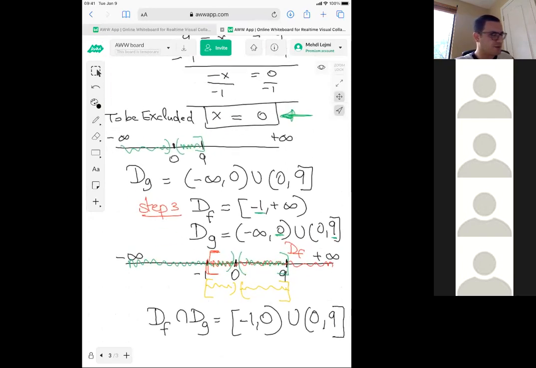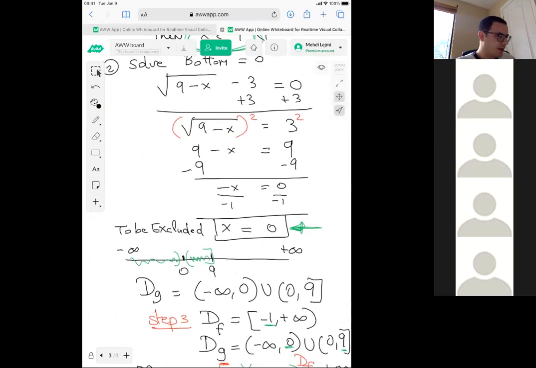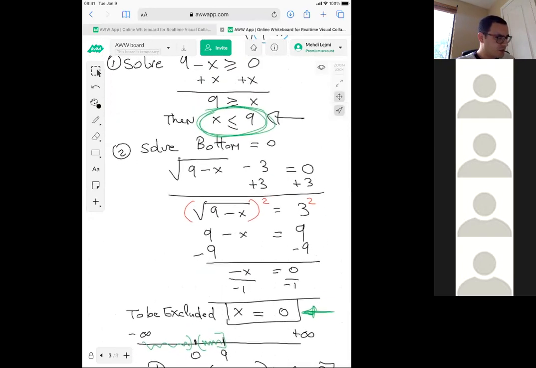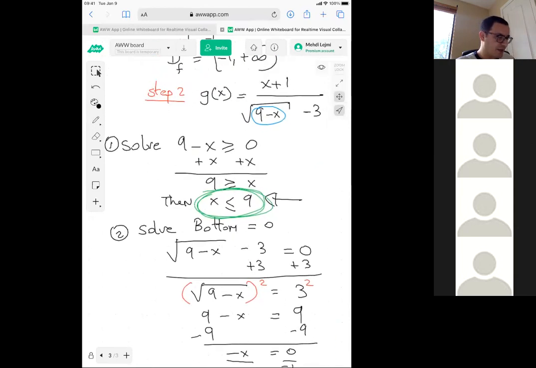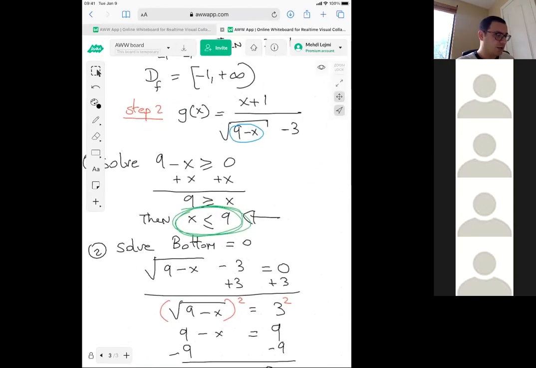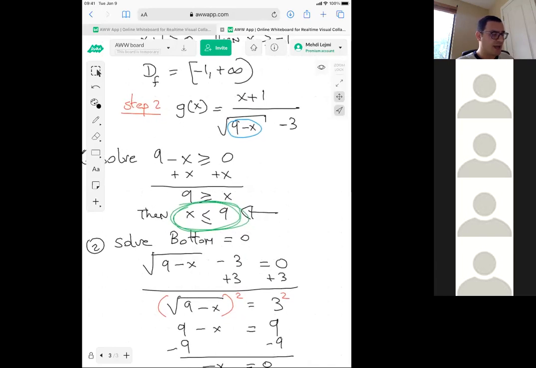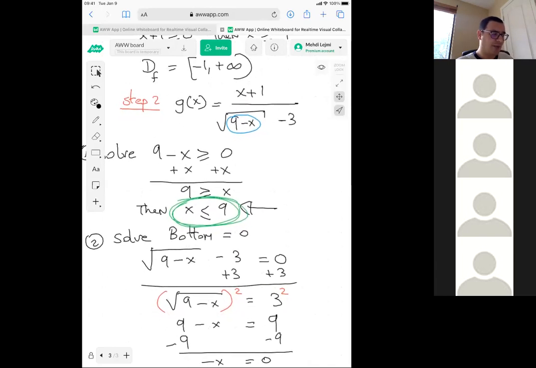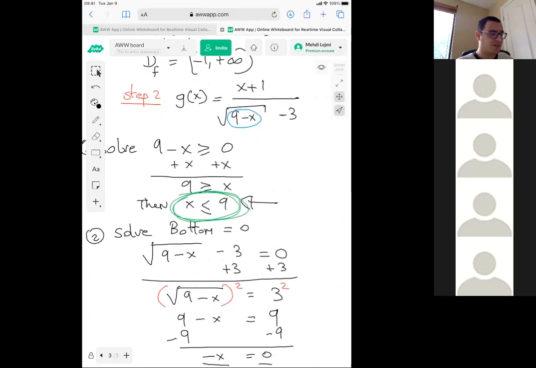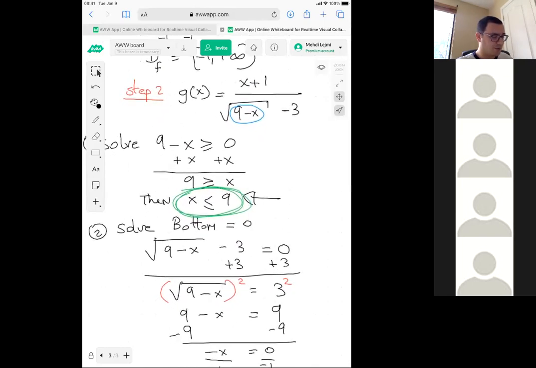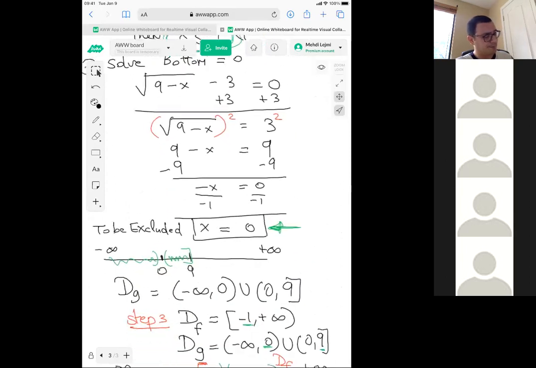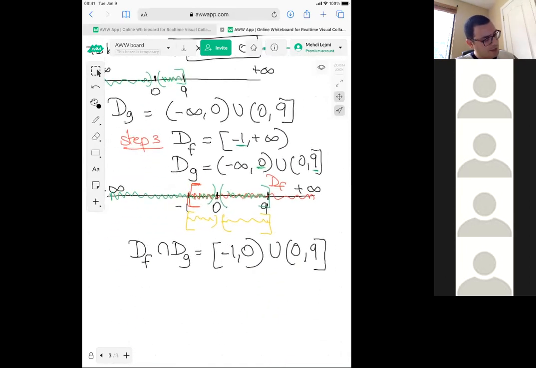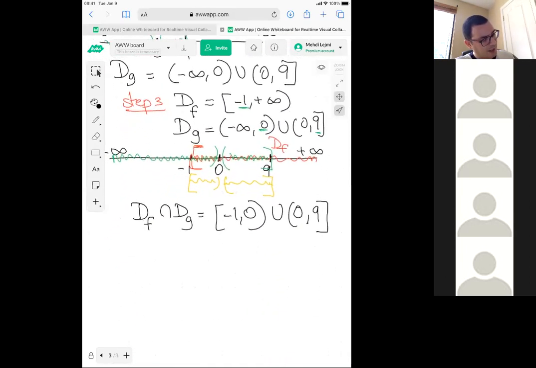I know that this g here is a little bit tricky because there are two equations to solve. In the function g we do have a fraction, so you solve the bottom is not 0, and we do have a square root, so we have to solve what's under the square root is larger or equal to 0, right? So that's the common domain.